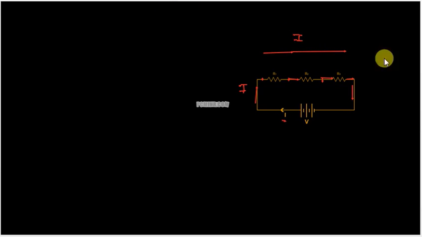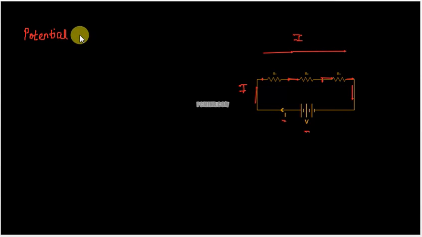But the potential difference is going to be different, because there will be a drop across the first, then across the second, then across the third. The potential that you're applying here, V, is the potential difference. You can imagine energy loss happening at each stage.